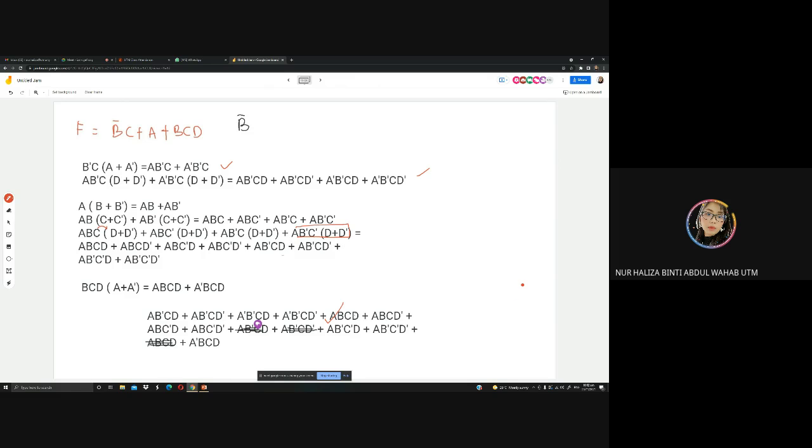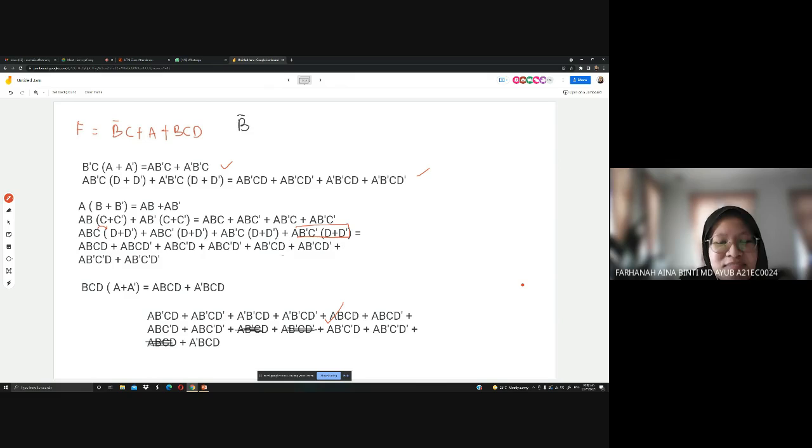Any explanation? Tak ada. Bila dah buat satu-satu term ni, lepas tu kita sekalikan, kita simplifykan yang ada sama tu, tulis sekali je. So yang potong ni yang sama lah. So tinggal yang ni je.